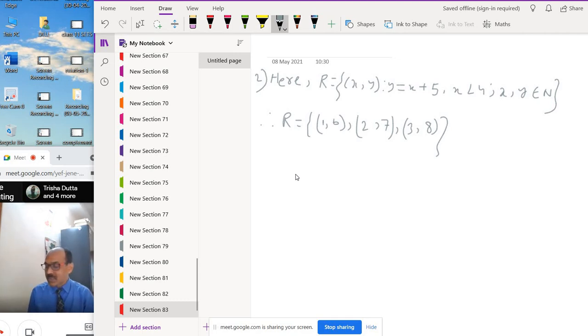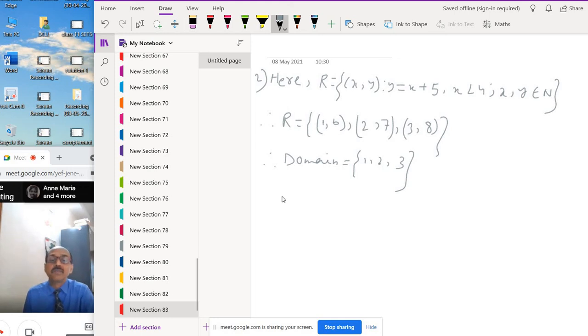Now the question also asks to find the domain and range. Domain equal to all the first elements, that is 1, 2, 3. This is the domain set, 1, 2, 3.